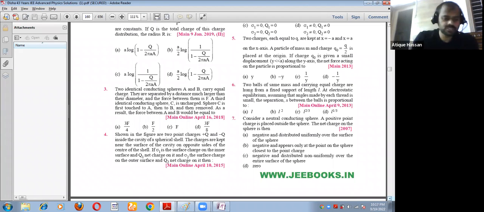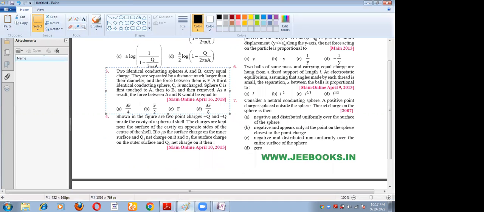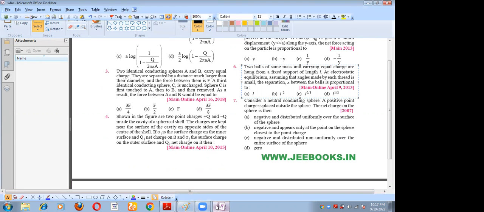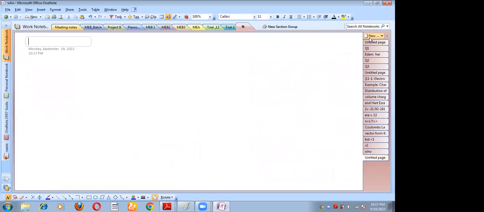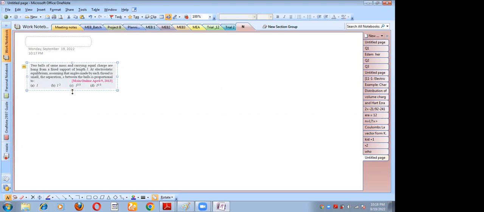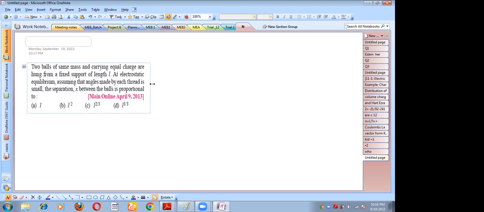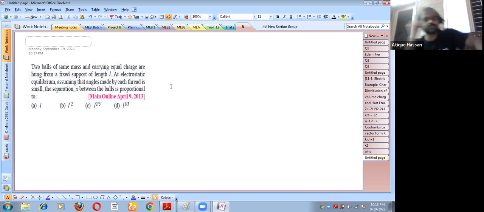Solve this question number 6. This is JEE Main 2013 question.